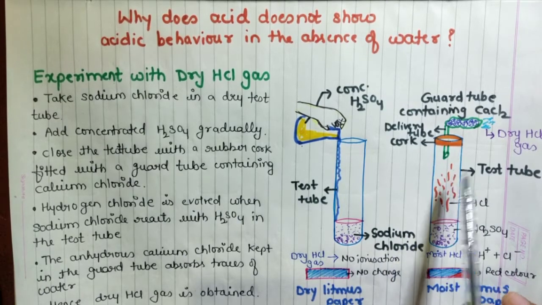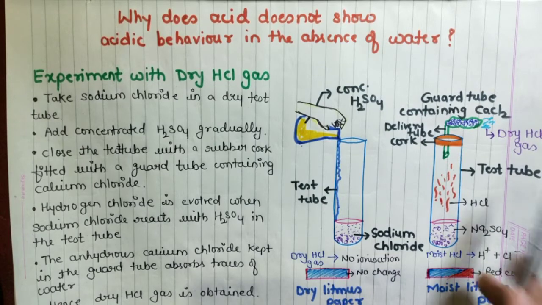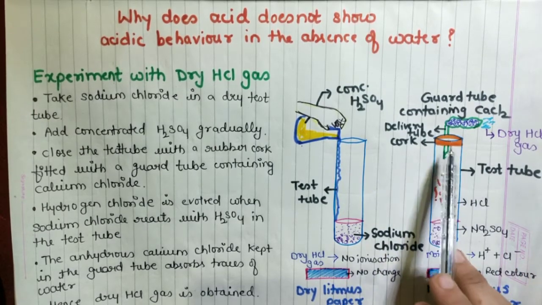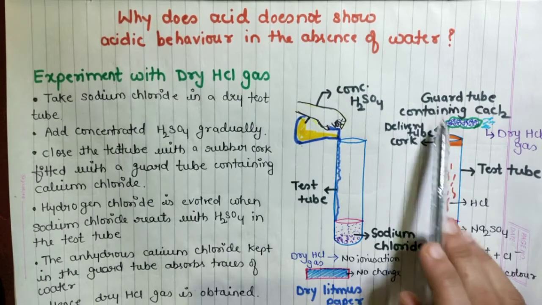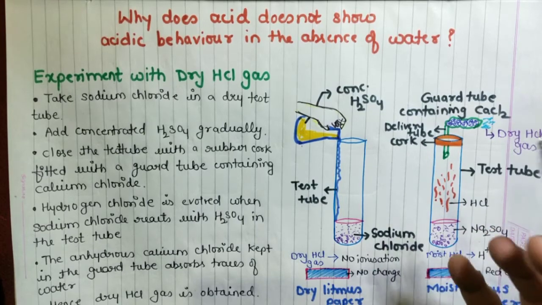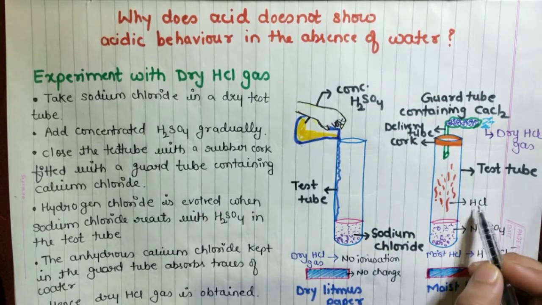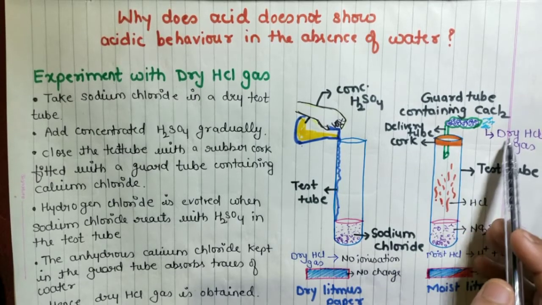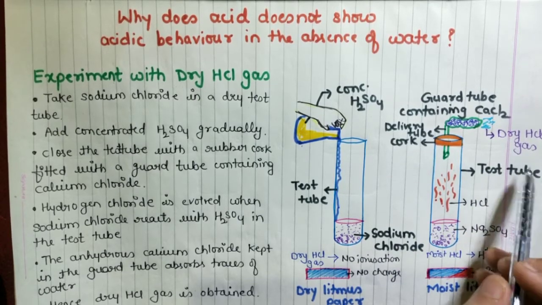Because we do not want this gas to go out, and we want to trap this HCl gas. For that, we put the cork here, and in this cork we fit the guard tube. What will the guard tube do? This guard tube will absorb all the water which is coming along with this HCl. So it will get dry. That is why we are getting dry HCl gas here.